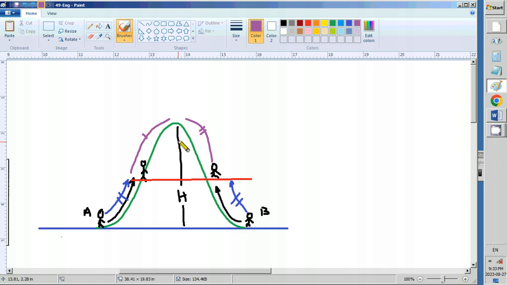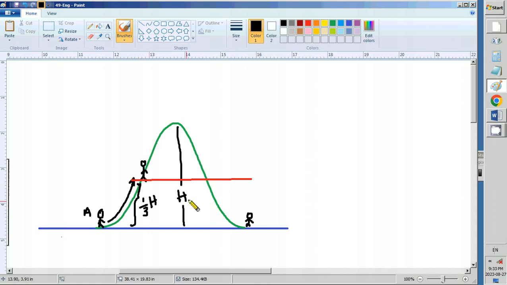So say this first person has climbed up by now 1/3 of capital H, the height of this distance.